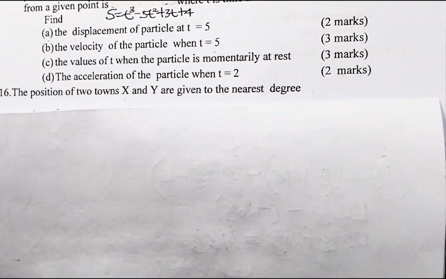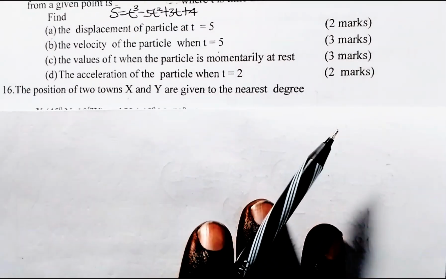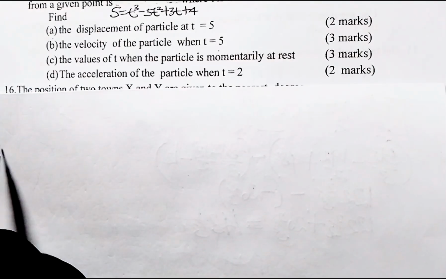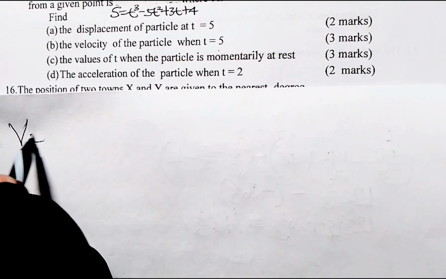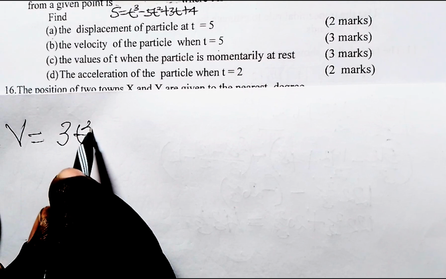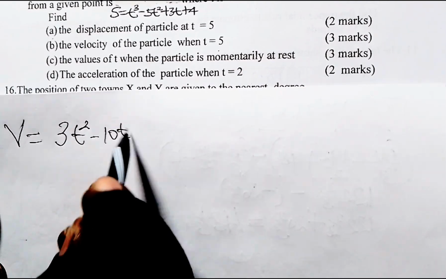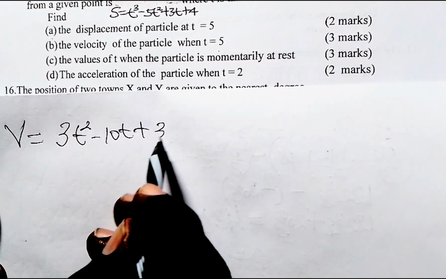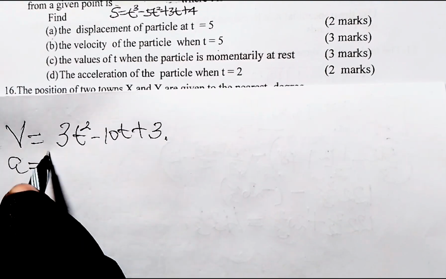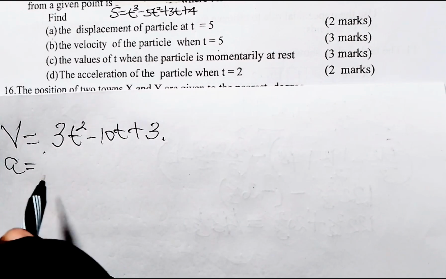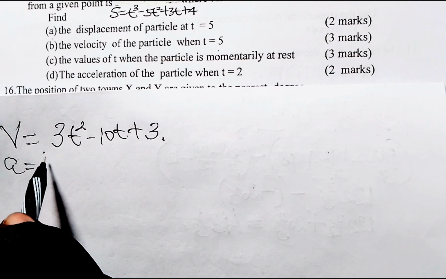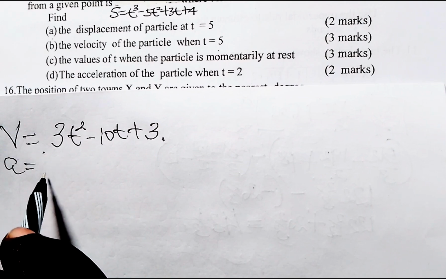Now that we know our velocity function is given by 3t squared minus 10t plus 3, our acceleration function is given by dv by dt.